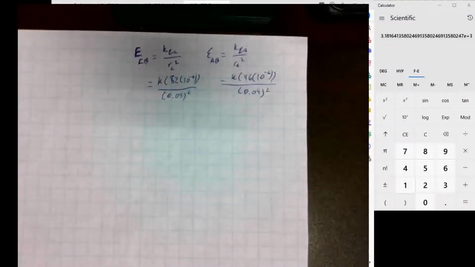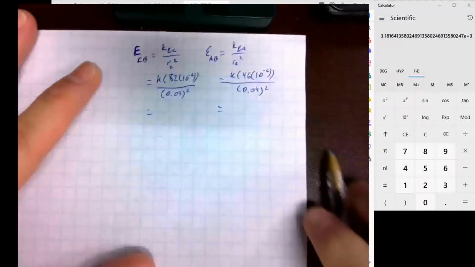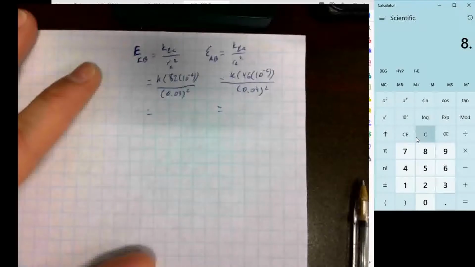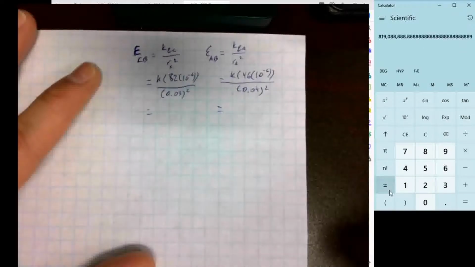This then gets us to 8.99 times 10 to the power of 9 times 82 times 10 to the power of negative 6 divided by 0.03 squared.